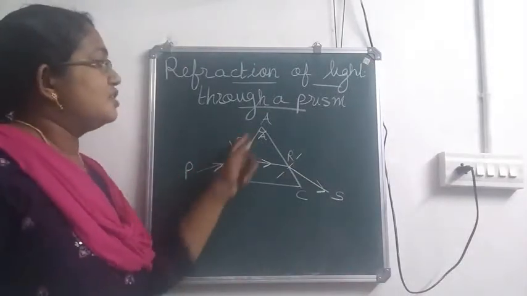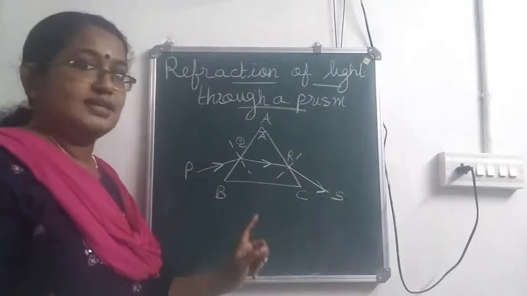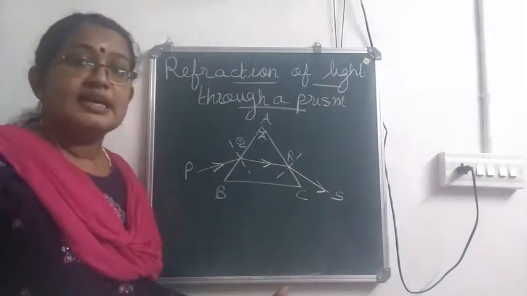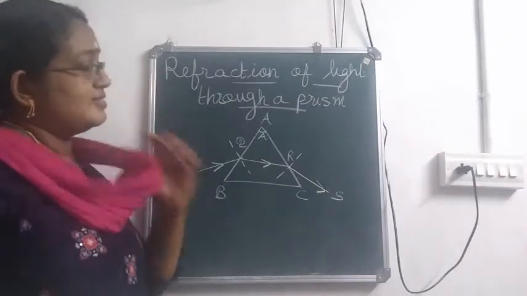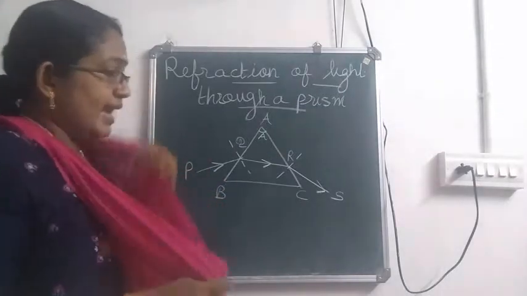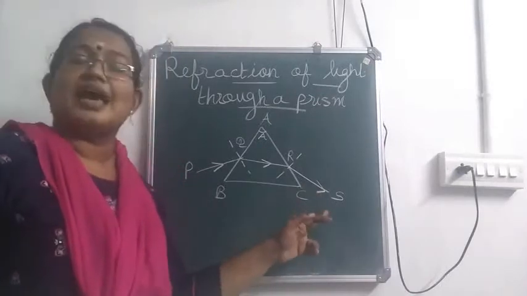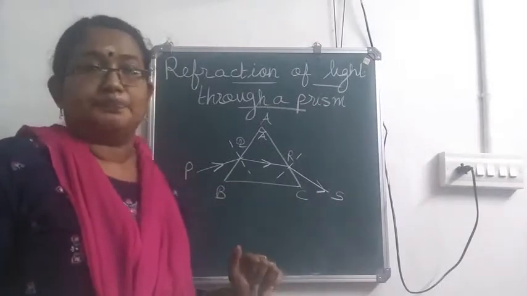The ray which hits on the surface AB is called the incident ray. The one which refracts or passes into the denser medium or the glass is the refracted ray, and the one which comes out of this glass prism can be considered as the emergent ray.